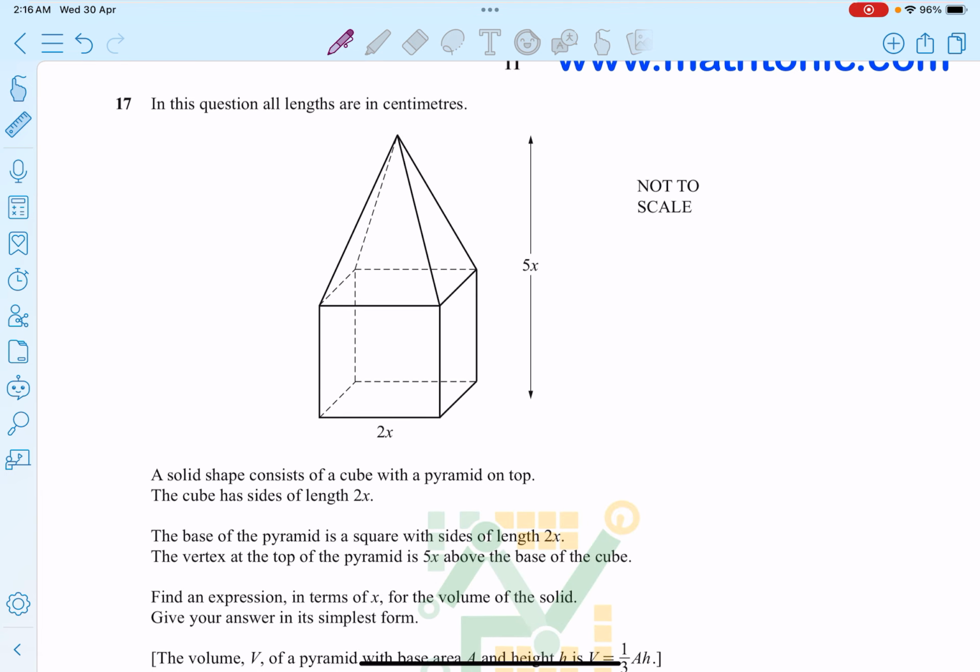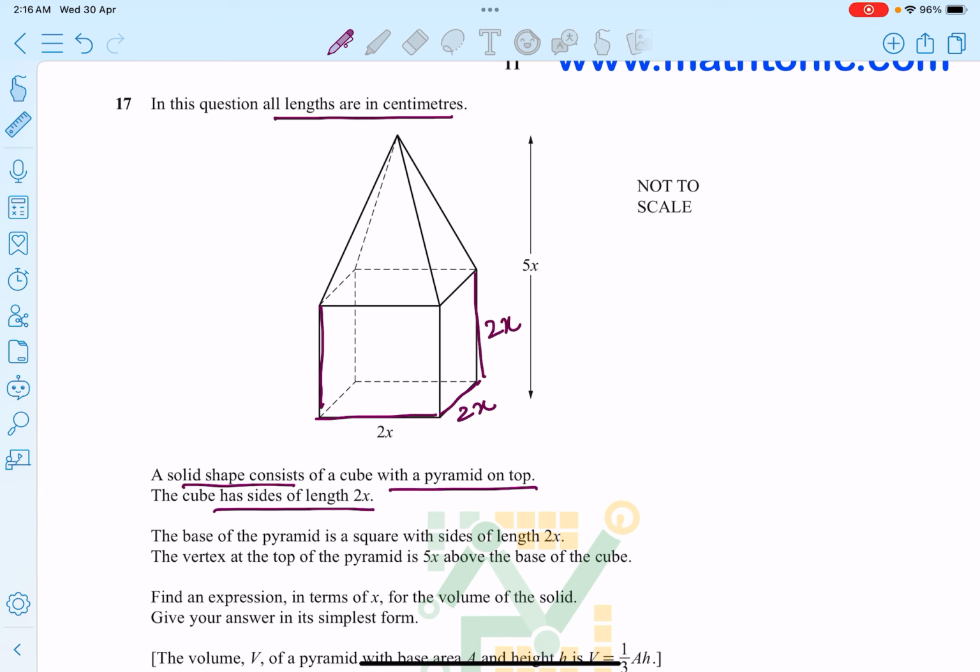Question number 17, what is given? In this question, all lengths are given in centimeters. A solid shape consists of a cube with a pyramid on the top, and the cube has side length 2x. Cube means all these lengths are exactly the same: length, width, this is also 2x, and this is also 2x.